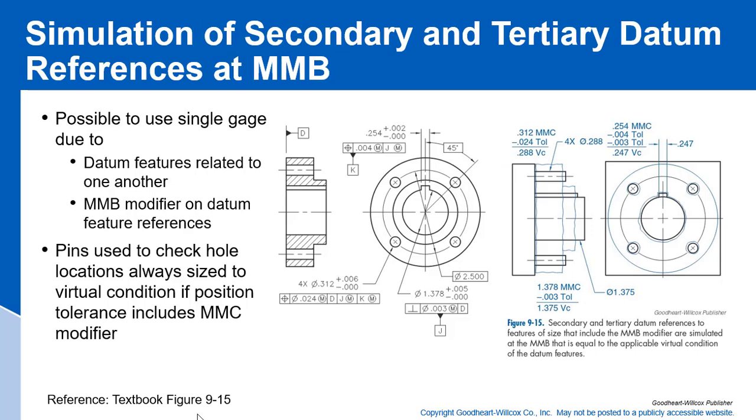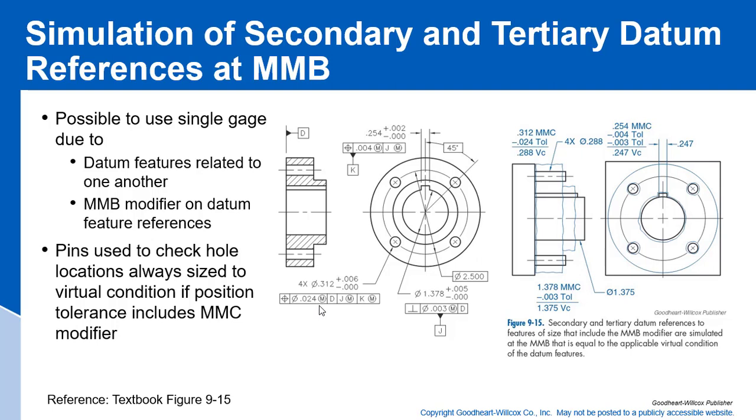On this slide, we're looking at using a simulation of secondary and tertiary datum references at MMB. What we have here is a part, datum D is a surface here, and then we have these holes that are located on a bolt circle, and we have a tolerance for these holes.